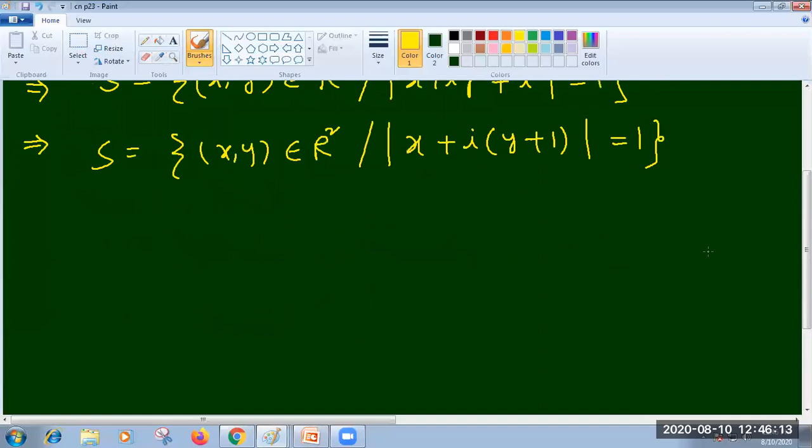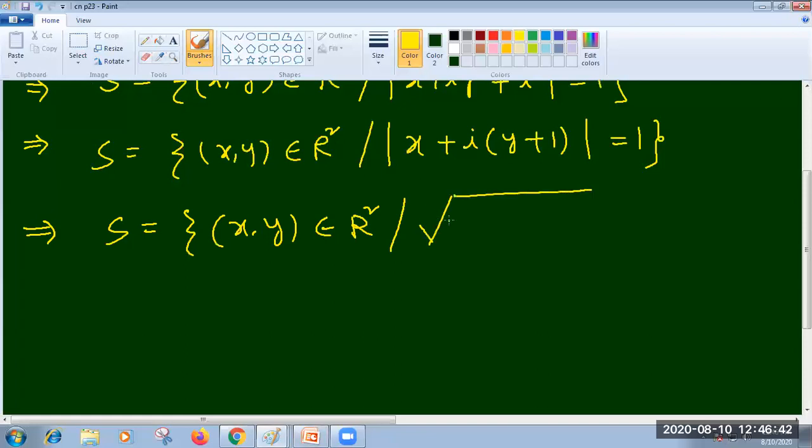Now further simplifying, S is a set of ordered pairs x comma y belonging to R cross R, such that the modulus, as mod z is equal to under root x square plus y square, here also x square plus y plus 1 whole square is equal to 1.